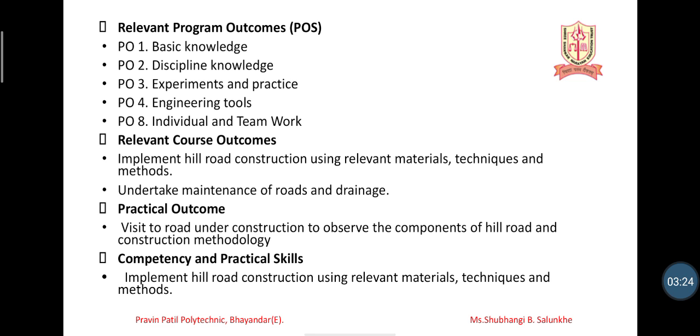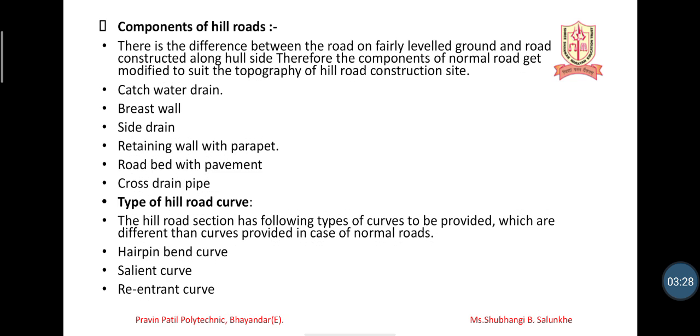So let me cover a minimum of theory regarding the components of hilly roads. Which are the components of hilly roads? There is a difference between the road on very level ground and the road constructed along the hilly side. Therefore, the components of a normal road get modified to suit the topography of hilly road construction sites. This is so obvious.